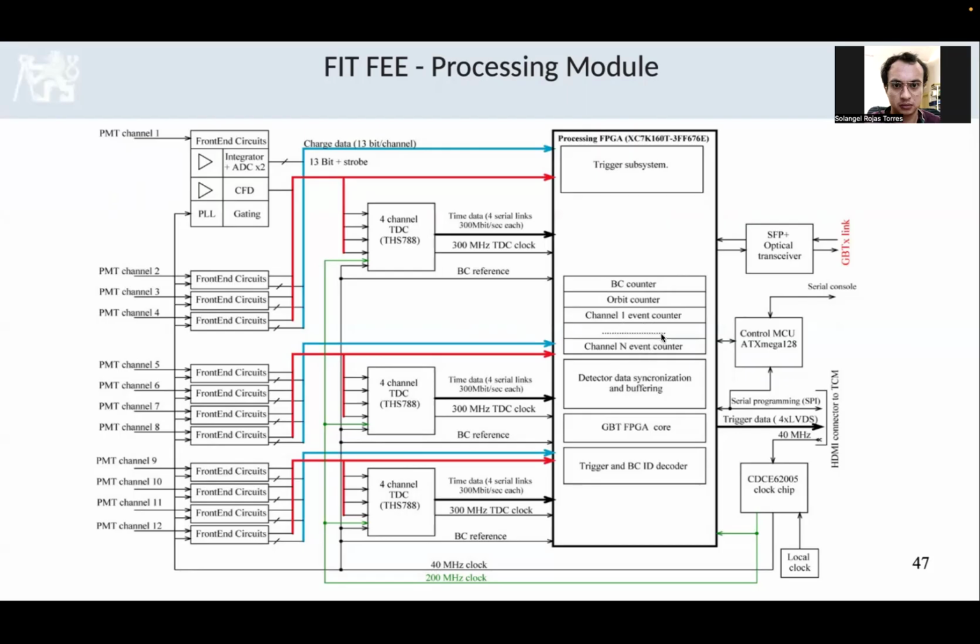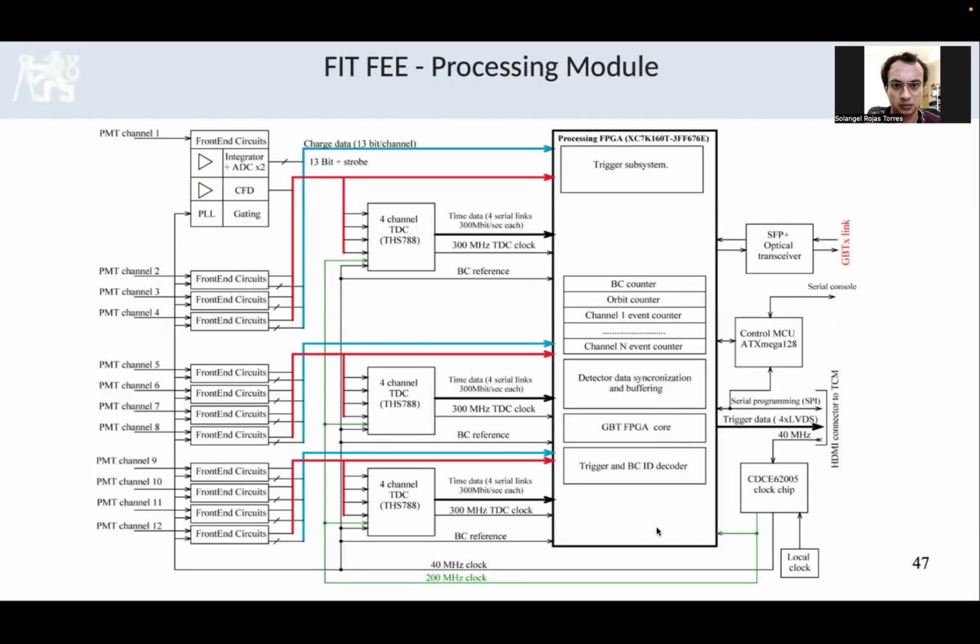In some event counters. Here also there are some buffers and data synchronization. And here this is the trigger and BC identification decoder. So this is some codification of the trigger based on these counters.